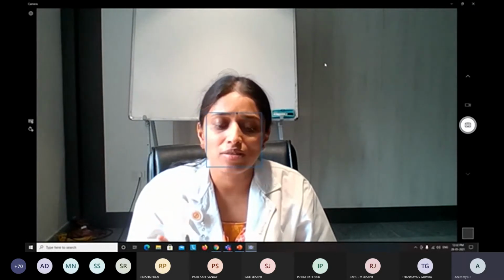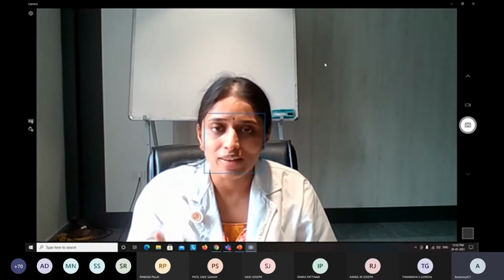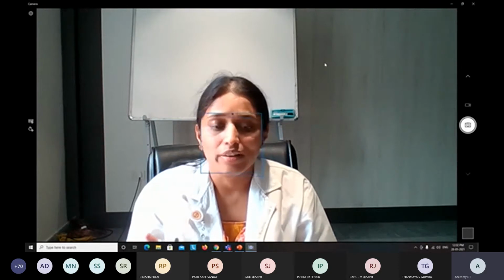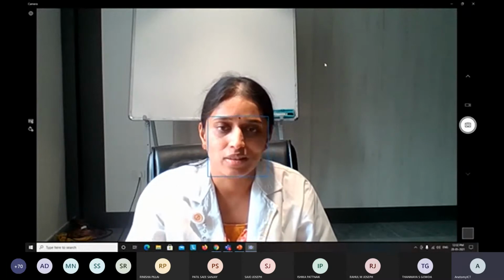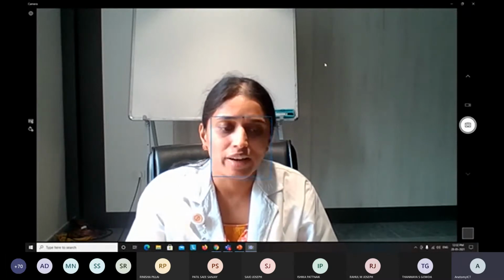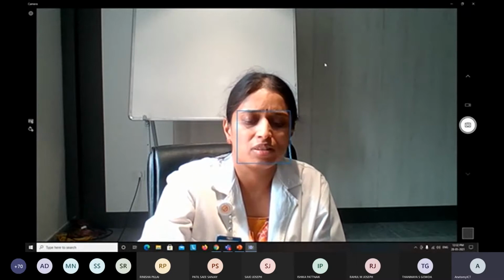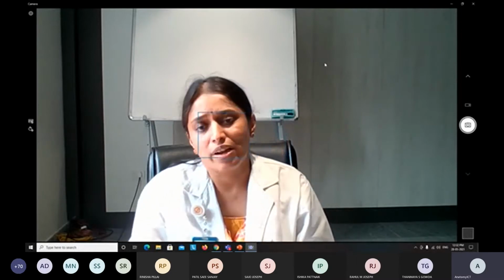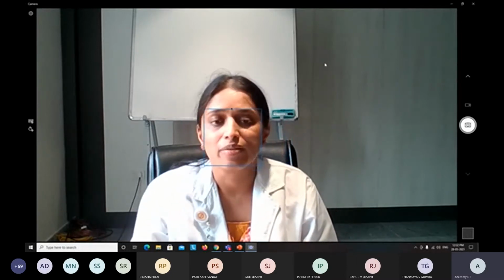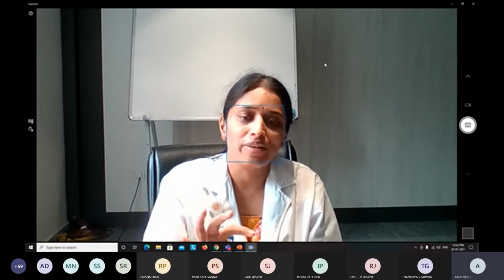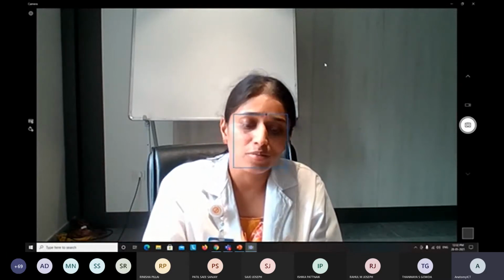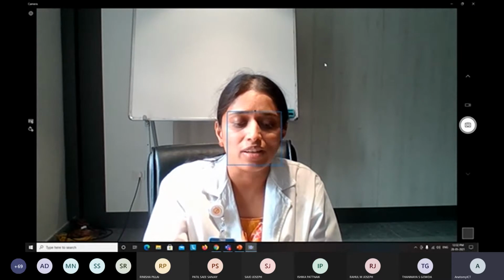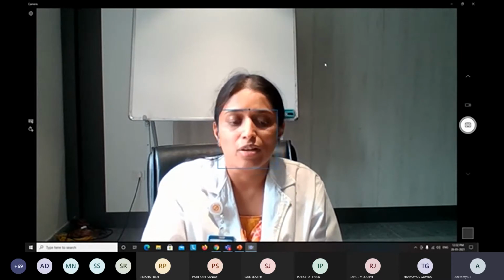Then it has to reach through the inguinal canal. Then from the inguinal canal, through the deep ring, it will enter into the pelvis. Then along with the duct of the prostate, it will become the ejaculatory duct and drain into the prostatic part of the urethra. Clear? So this much length will be there. 45 centimeters is not a small length, right?